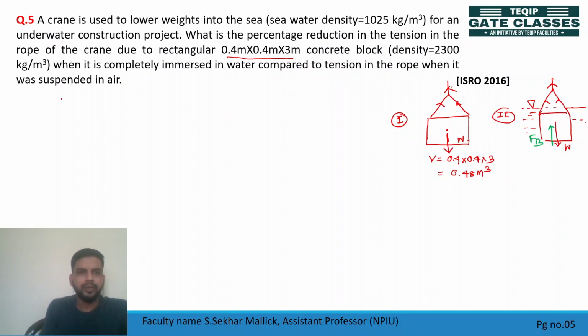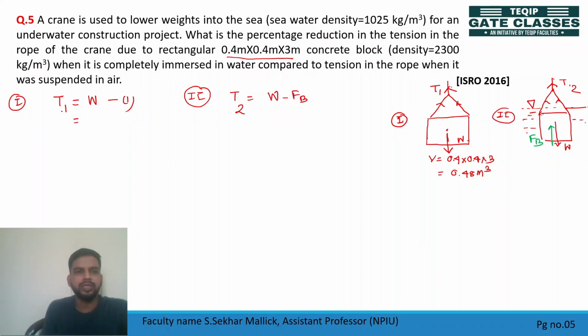So for the first case, if we do force balance, T1 will be equal to W. Then for the second case, when it is completely submerged in water, this is T2. T2 is equal to W minus buoyant force. Okay, so find this value.